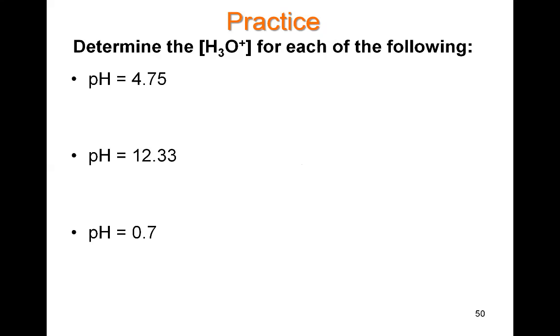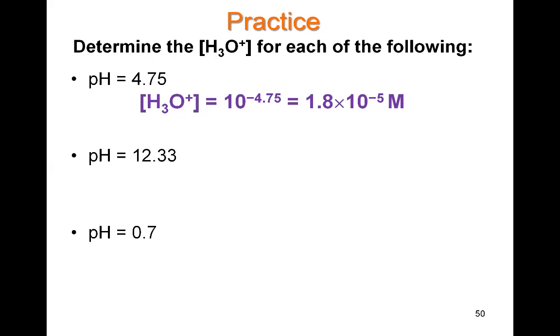So here we want to calculate the concentration of H3O+ given the pH. It's going to be the formula that says H3O+ equals 10 to the negative pH. In the first case, H3O+ equals 10 to the negative 4.75.